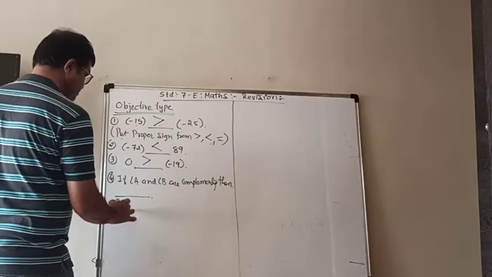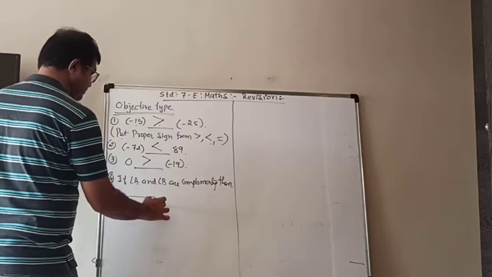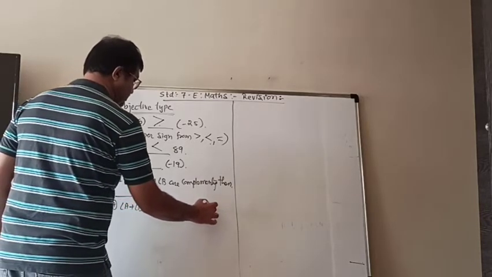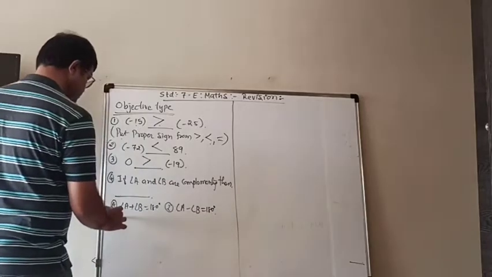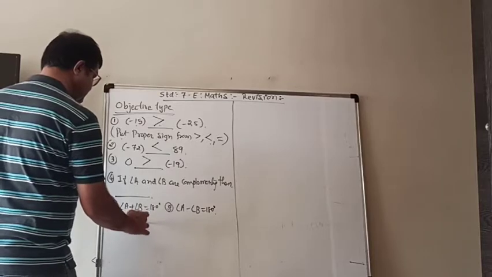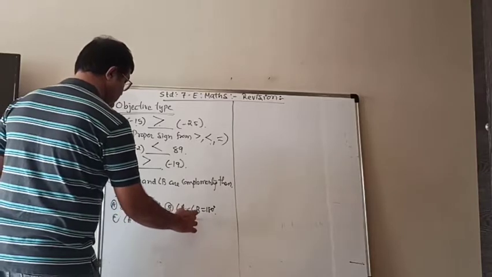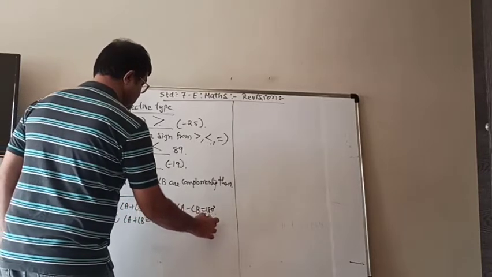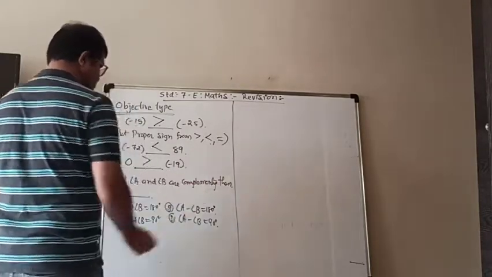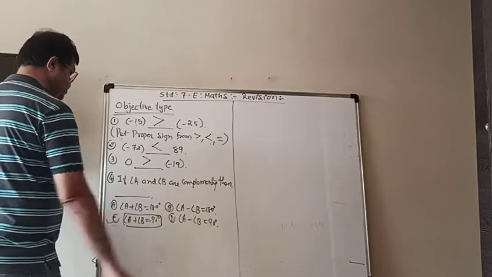Options are: A, angle A plus angle B is 180 degree; B, angle A minus angle B is 180 degree; C, angle A plus angle B is 90 degree; and D, angle A minus angle B is 90 degree. When they are complementary, the sum of them is equal to 90 degree. So the answer is C.